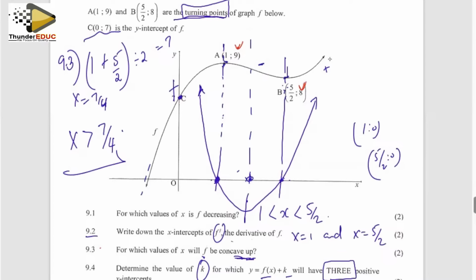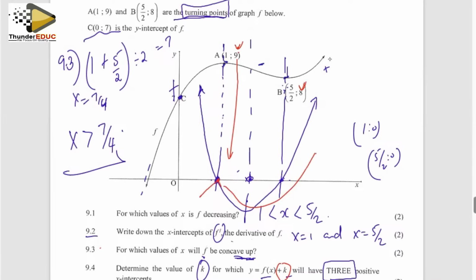If we move this graph 9 units downwards, because this k is just a vertical shift, up or down, this point is going to be here. The turning point is just going to be there. And then this one will be slightly below. And then in that case, we shall have 2 points.